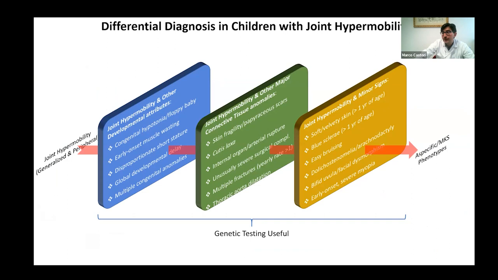As clinically relevant joint hypermobility only rarely presents in isolation, the pattern of associated signs and symptoms is determinant for orienting the following differential diagnosis. There is a set of rough additional major signs that easily suggest to the physician the category of disorders in which the patient likely falls. These categories mainly include congenital muscle disorders, skeletal dysplasias, genomic and other multiple malformation syndromes, and hereditary soft connective tissue disorders.